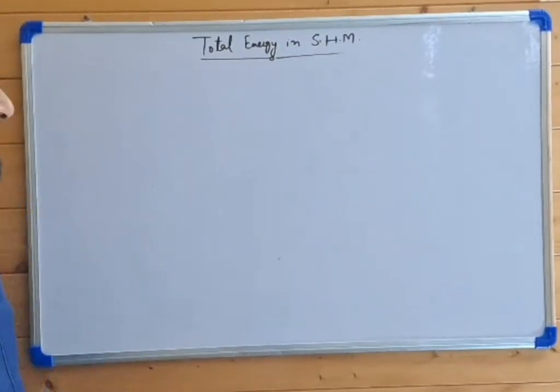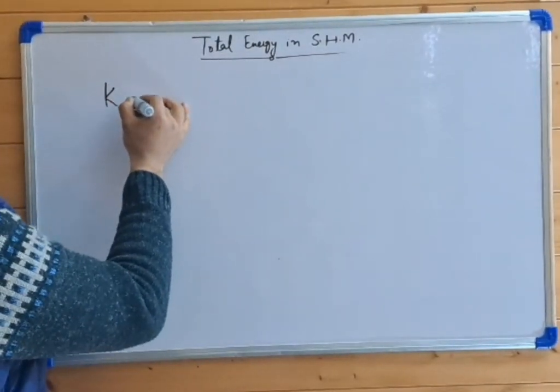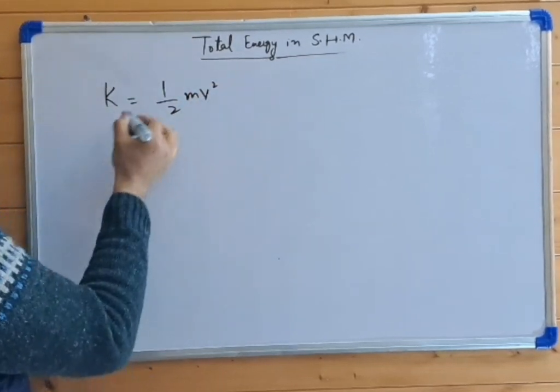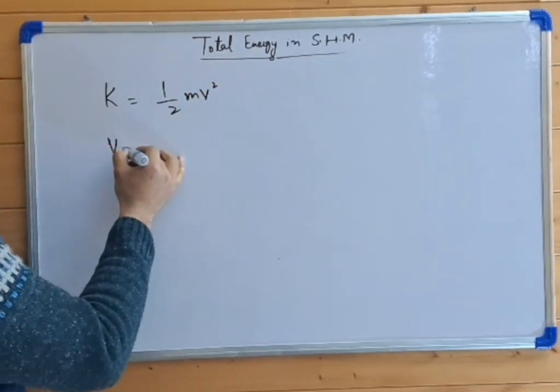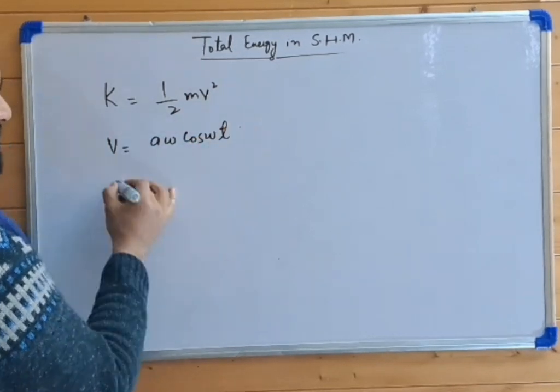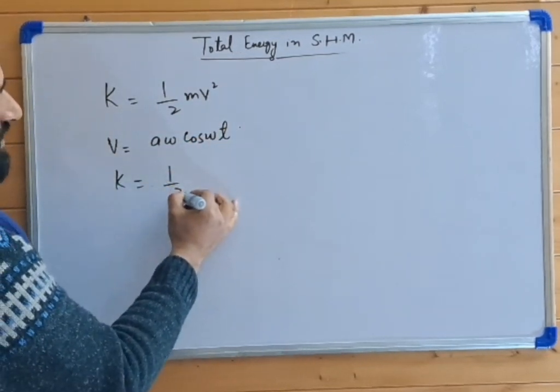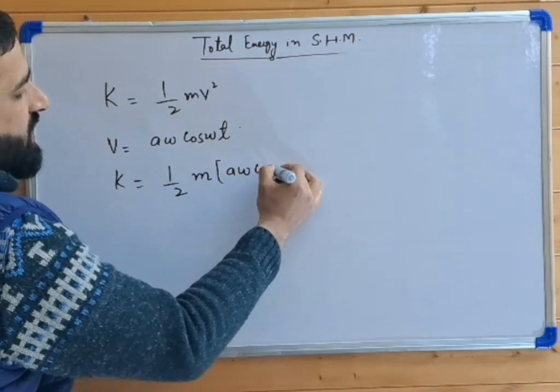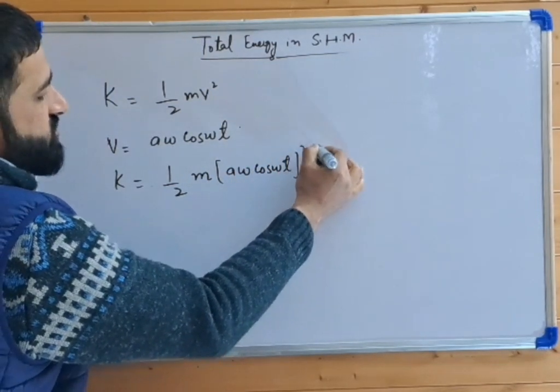Going for the kinetic energy, we know that kinetic energy is equal to 1 by 2 m v square. In the case of simple harmonic motion, v is equal to a omega cos of omega t. So kinetic energy is equal to 1 by 2 m a omega cos omega t whole square.